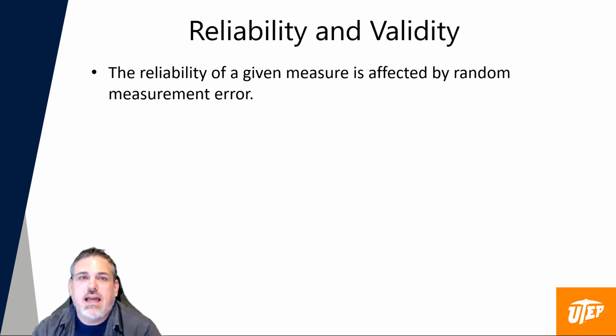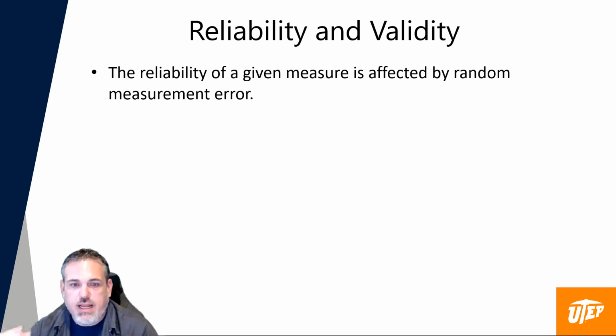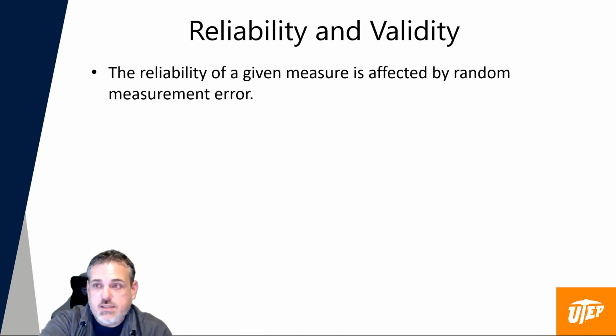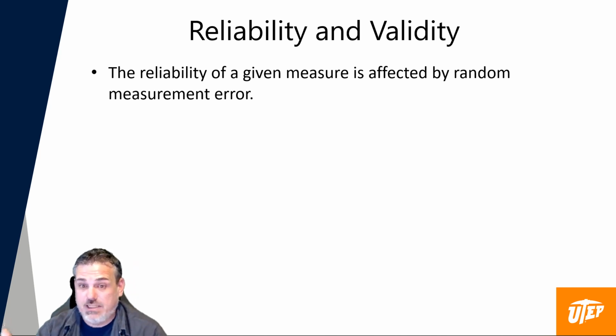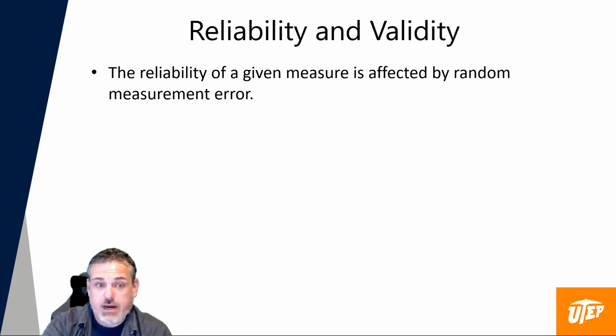Think about the reliability of a test in order to assess whether individuals know a concept. If it does well for some students and doesn't do well for others, then that's not a reliable test. But if you introduce random measurement error, even the most reliable device will have problems.